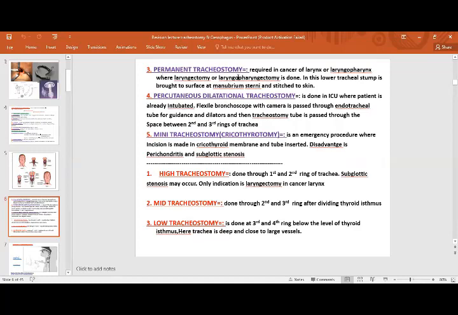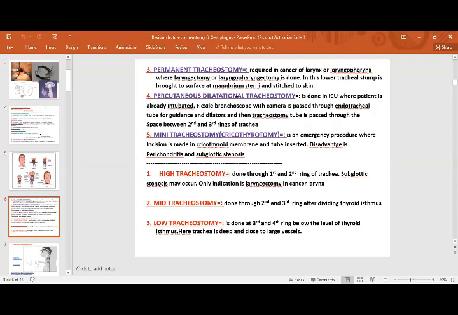So permanent tracheostomy is done in those cases. While percutaneous dilatational tracheostomy is one of the types of tracheostomy, and this is basically important for those patients who are in the ICU, and we don't want to shift them from the ICU to the OT theater due to hospital-induced infection.